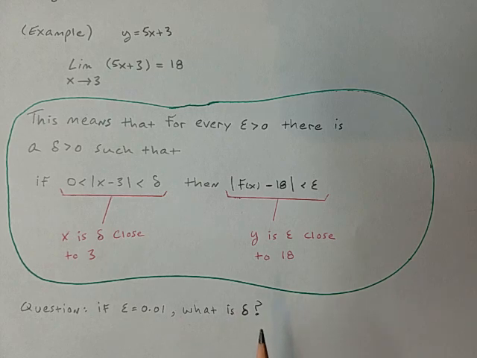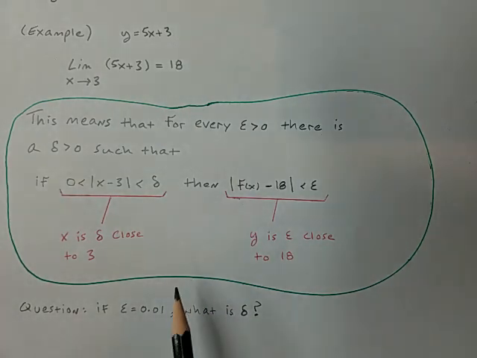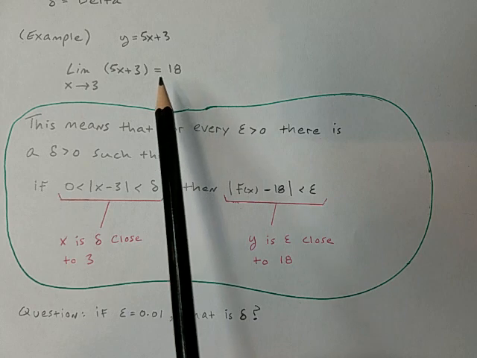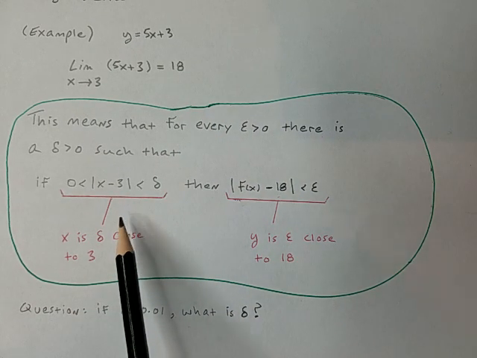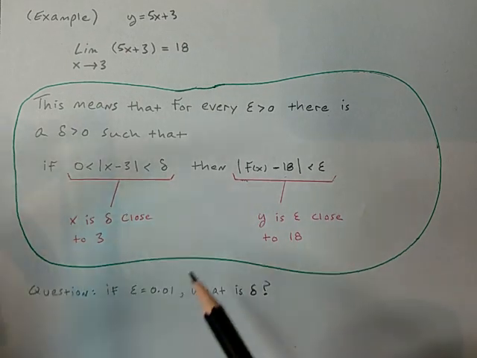Now, this might appear to take a different form than what I was already showing you, but it's just like this. That's why I showed you this first. It's just like saying, I want the y to be within 0.01 units of 18, okay? How close does the x have to be to 3? All right? Now, we should know how to answer that, okay?